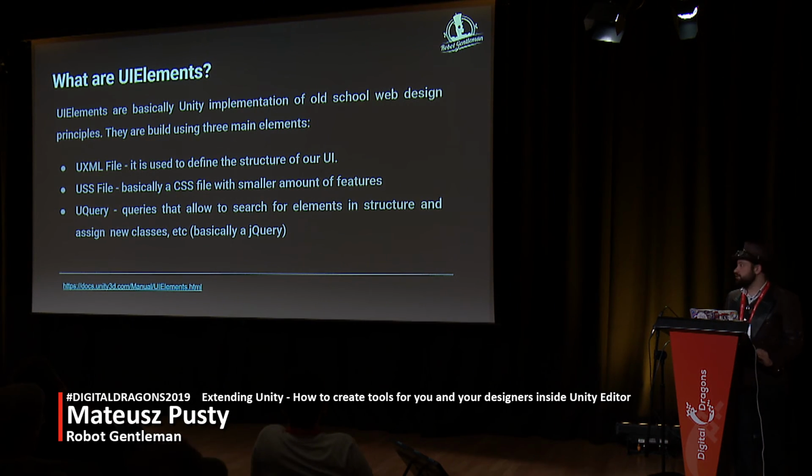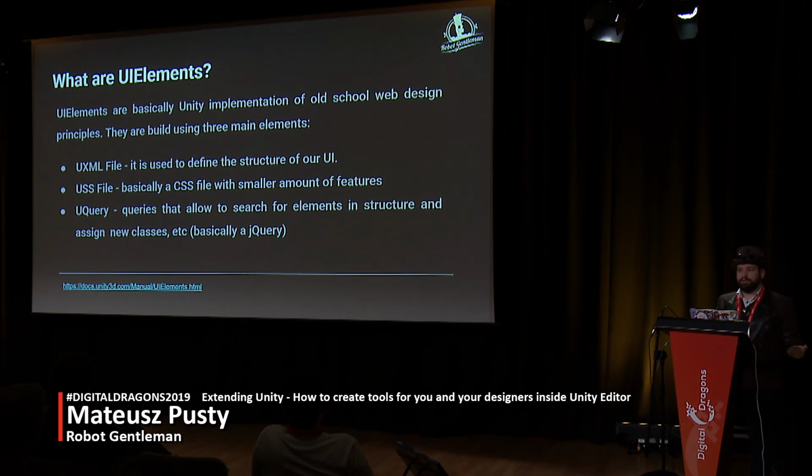And UIElements are basically the old school web design principles implemented in Unity. We have a UXML file that is used to define the structure of our UI. You can think of it like an HTML file. We have the USS file, Unity style sheet.